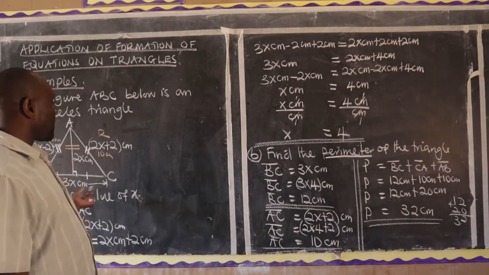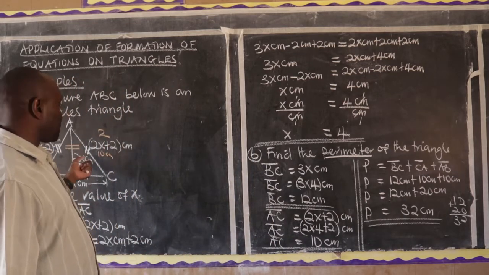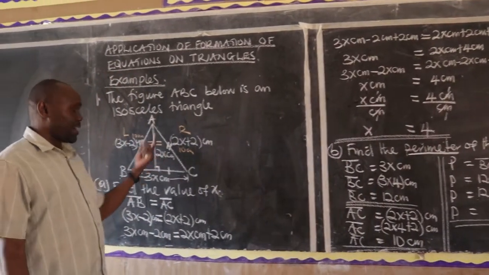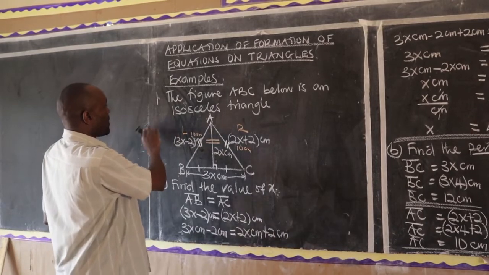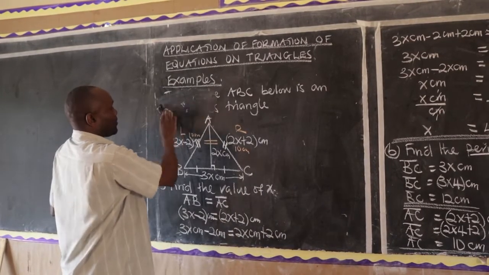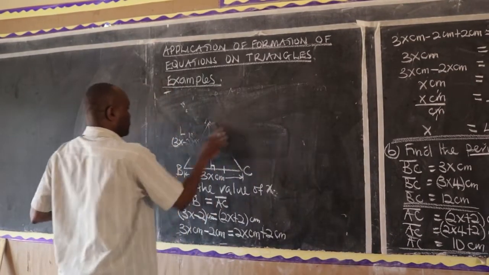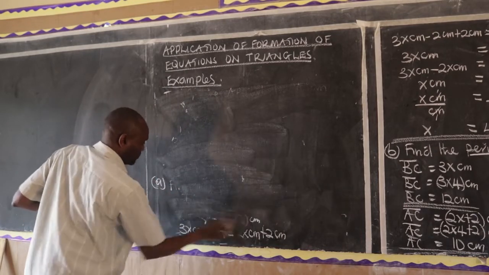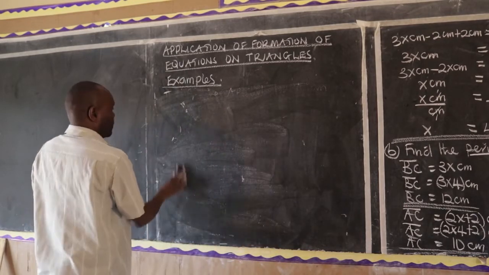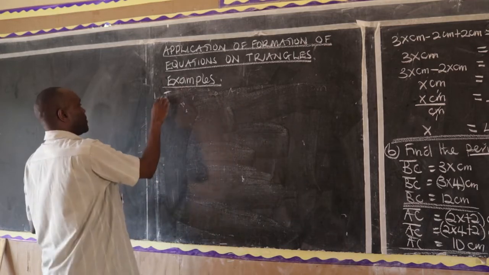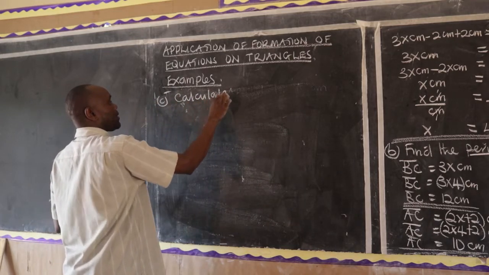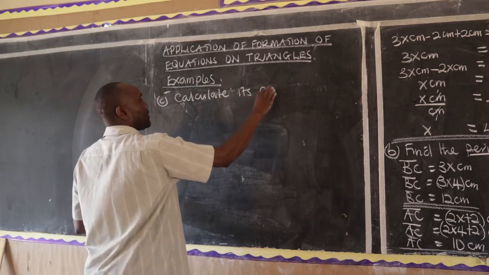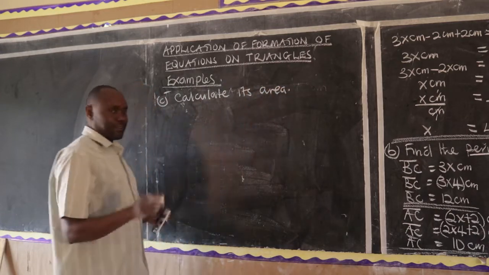What other questions are you most likely to have? They can also ask you to find the area. Allow me to wrap this. So they can ask you question C, calculate its area.